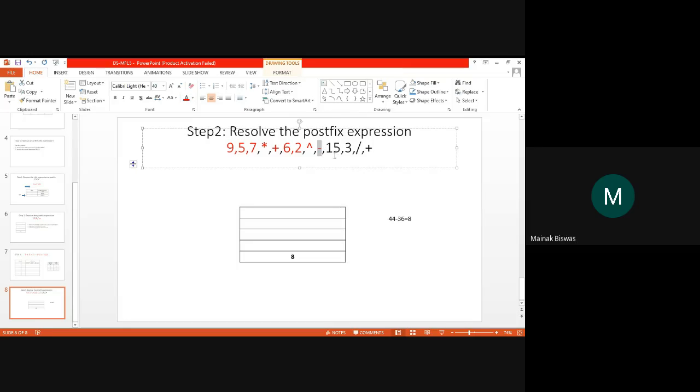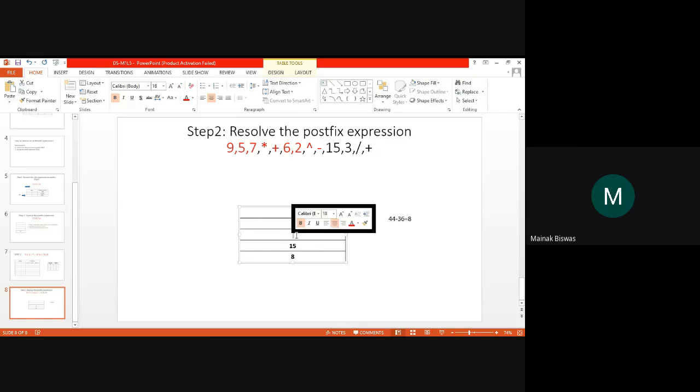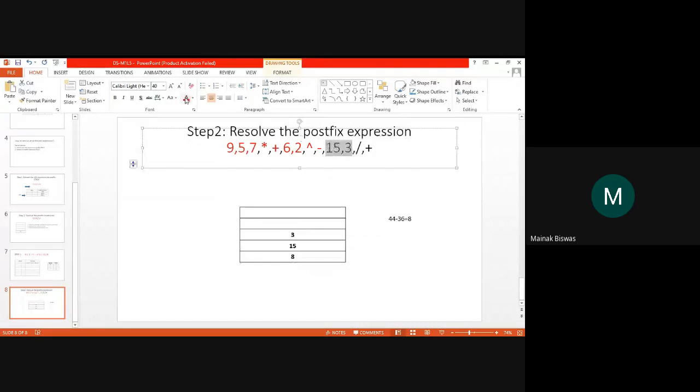Then what comes next? 15. Then 3 is again pushed because they are operands. Okay. Then what is this? Division. So division means again which values will be popped out? 15 and 3.